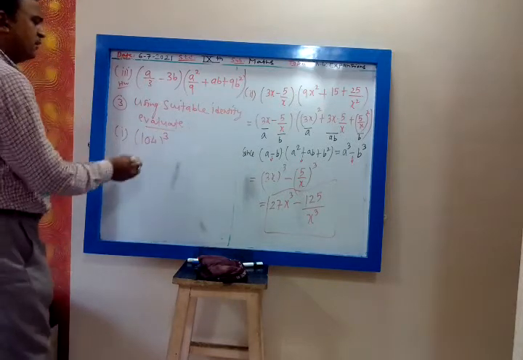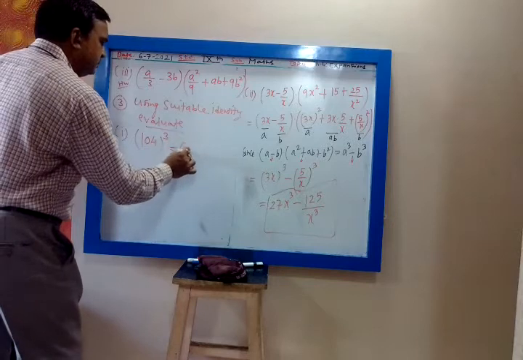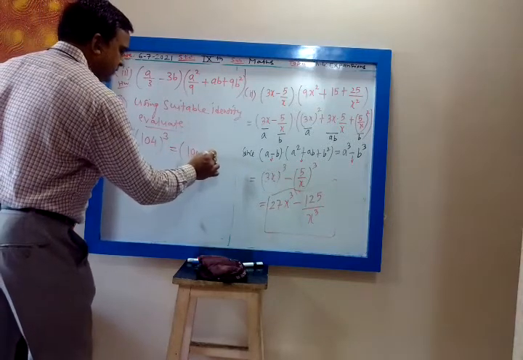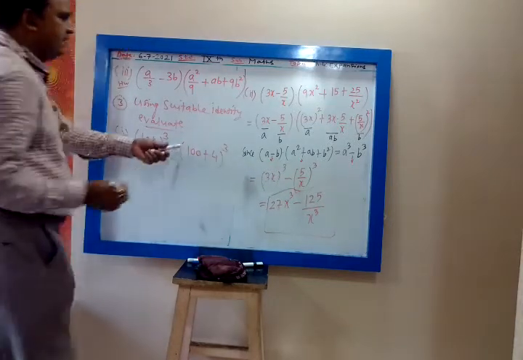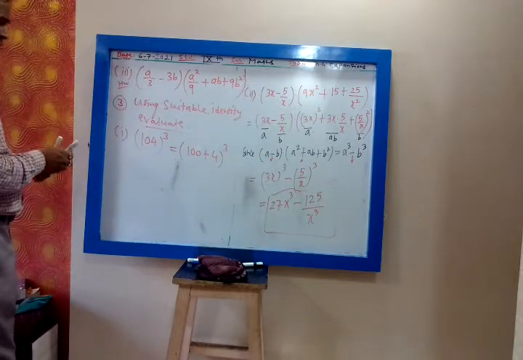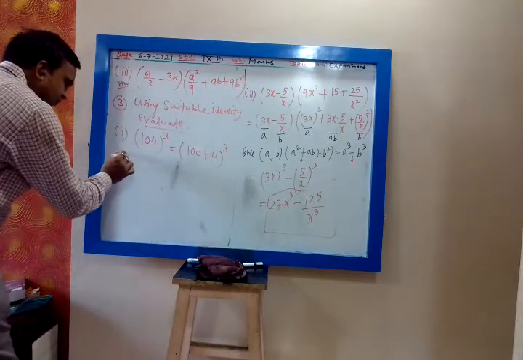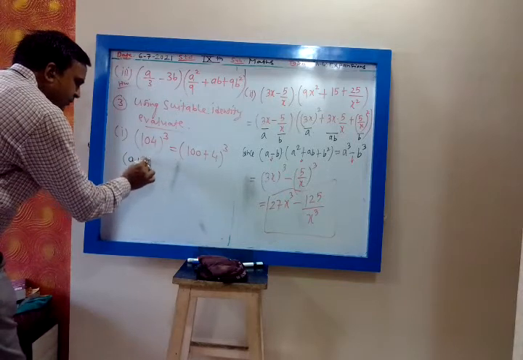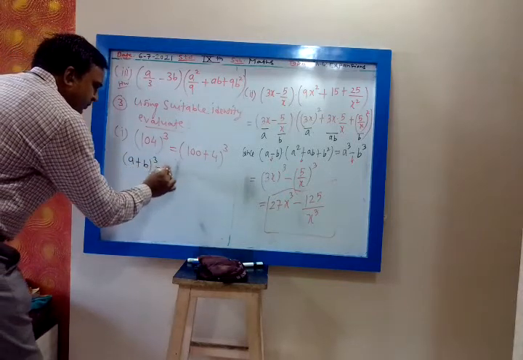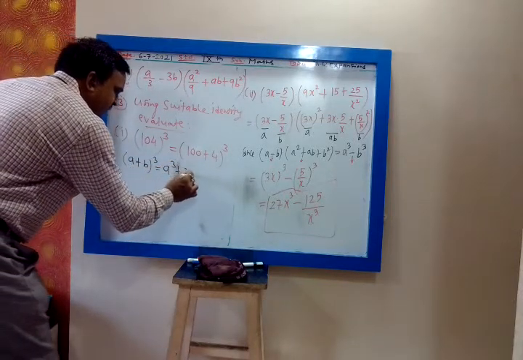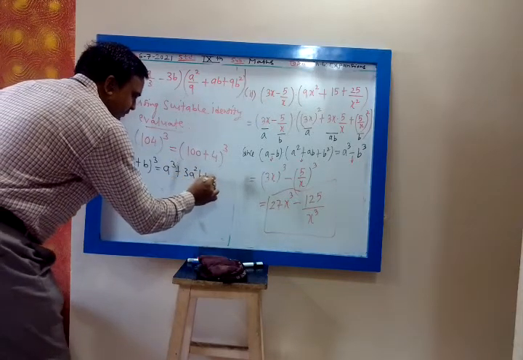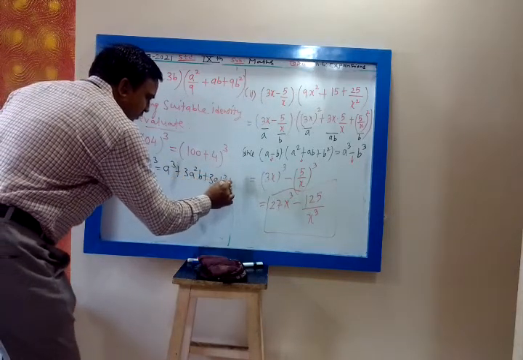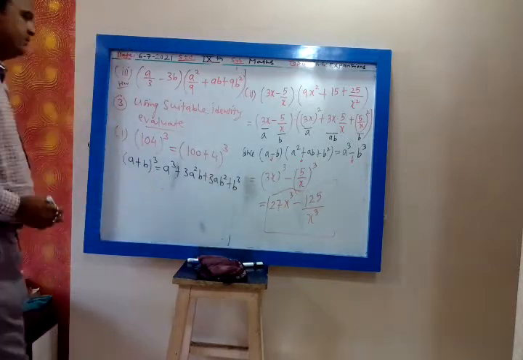Correct? 104 cube I can write (100 plus 4) whole cube. Now it is whole cube, my dear. So I will use the formula (A plus B) whole cube, formula is A cube plus 3A square B plus 3AB square plus B cube. Correct?